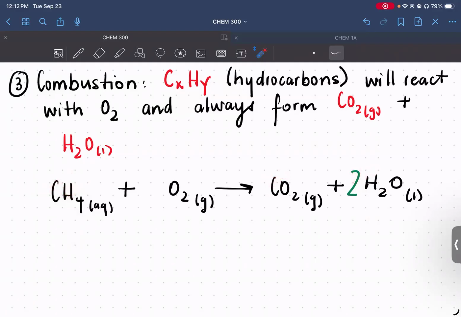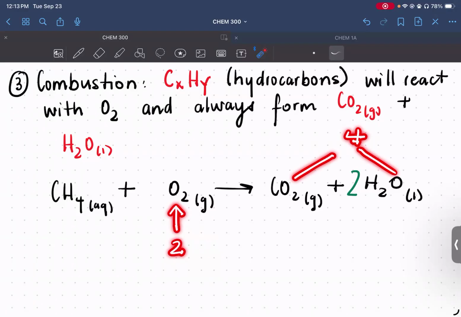All that's left, of course, is oxygen. There are 2 oxygens on the left, and in total, there are 4 oxygens on the right. Pay attention to that. This is the first time we're seeing them coming from 2 different sources. Oxygen is in both carbon dioxide and water.